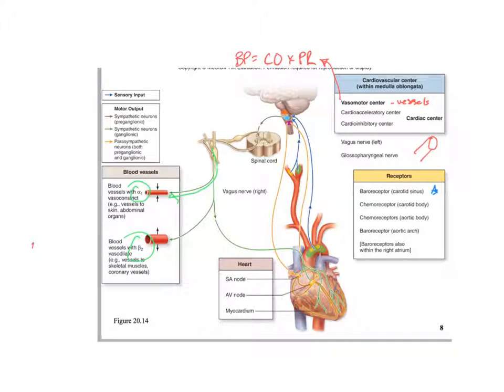Chemoreceptors. What do chemoreceptors look out for? Chemicals. They're going to look out for things like pH, the presence of hydrogen ions, carbon dioxide, and oxygen. And if you don't have enough, what's going to happen?